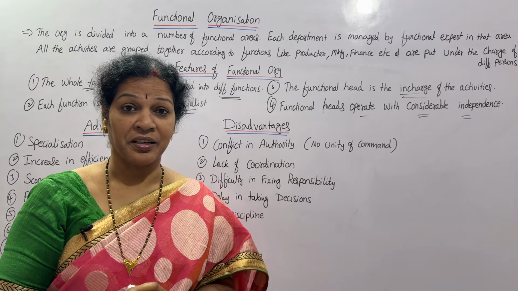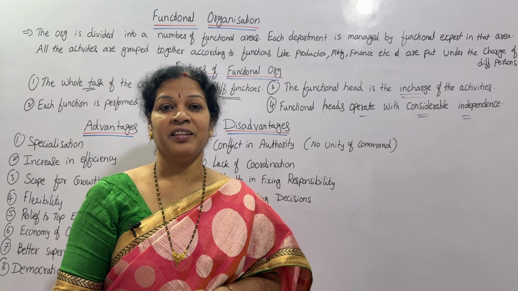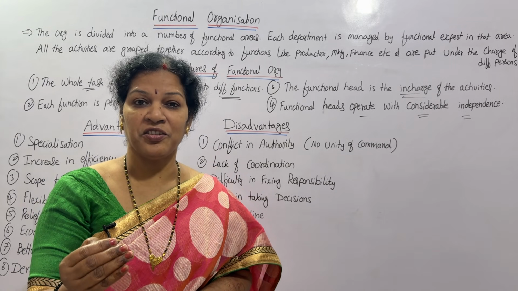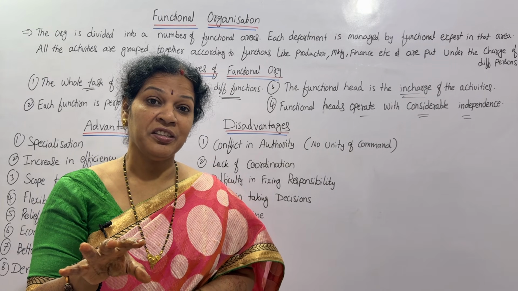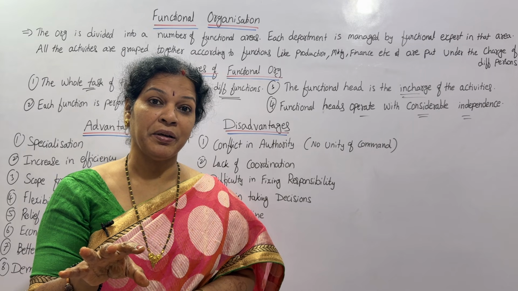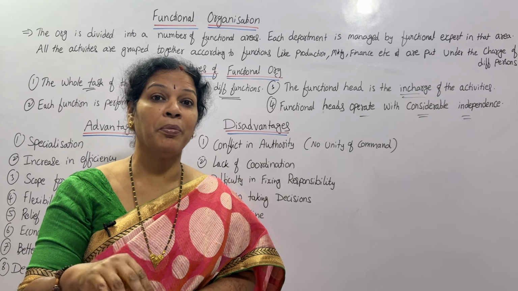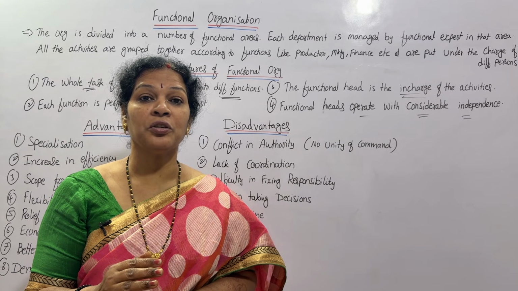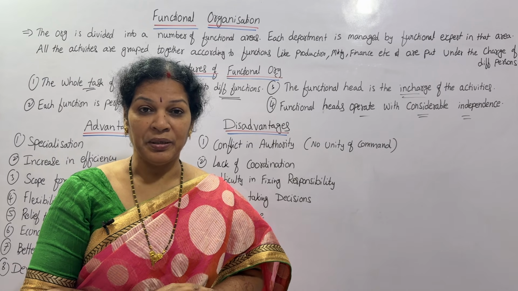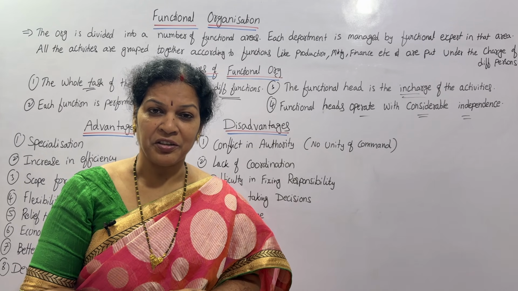It means they are given liberty. They can handle things and take decisions to some extent. If it is crucial, a turning point for the organization, they need to consult the company CEO or the company managing director.